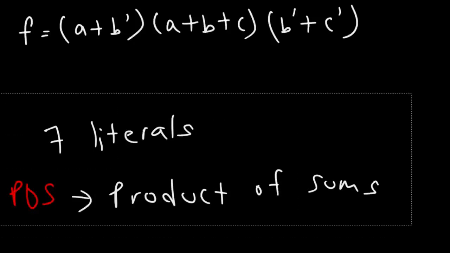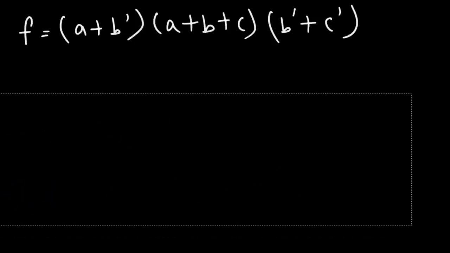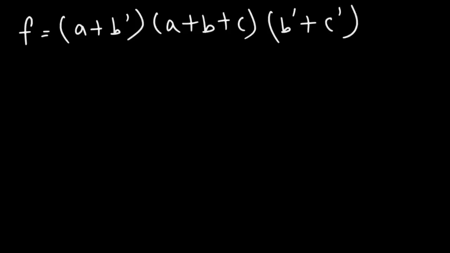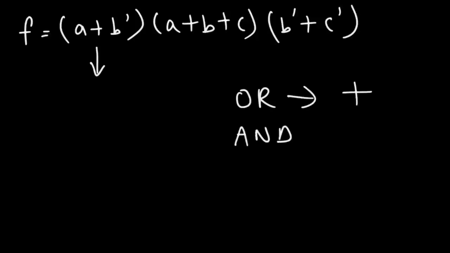Now let's go ahead and draw the block diagram. Now, for a sum term, should we use an AND logic gate or an OR logic gate? What would you say? Now remember, you want to associate OR with addition or sums, and you want to associate AND with multiplication, or basically products.